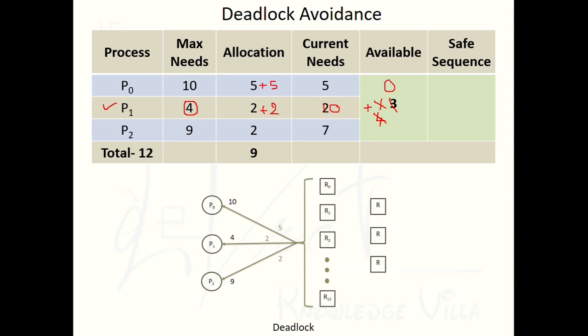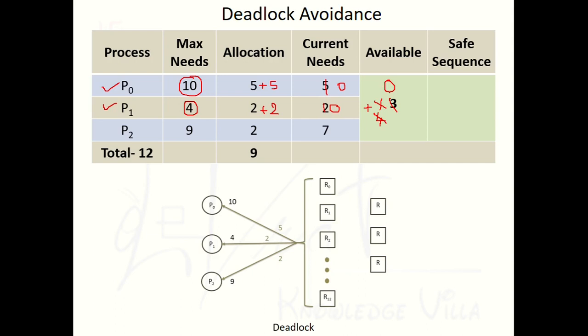No. And the requirement of P0 was 5, so we have allocated 5. So there is no further requirement of P0. A total of 10 resources we have allocated to process P0. So definitely after some time P0 will complete its execution and these 10 resources become free.